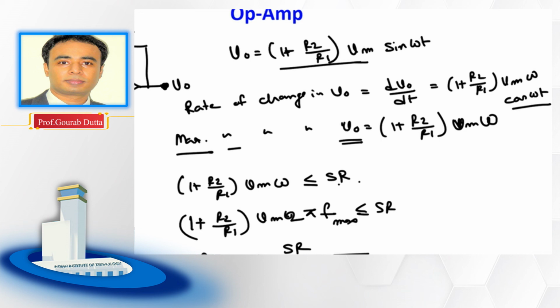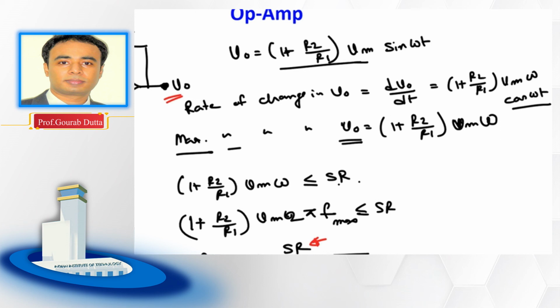So if you now see this, the maximum frequency at this input, so that there will be no distortion at this output, is dependent not only on the slew rate of this op amp, but it also depends on the amplitude of this input signal.